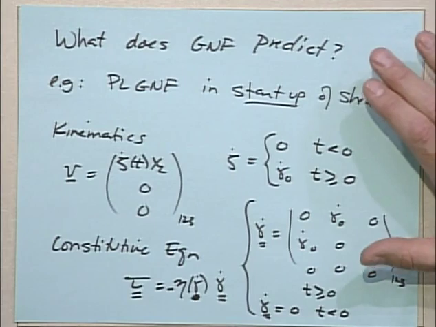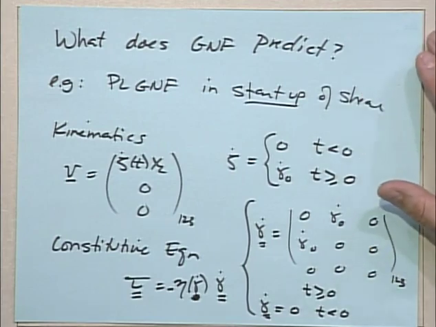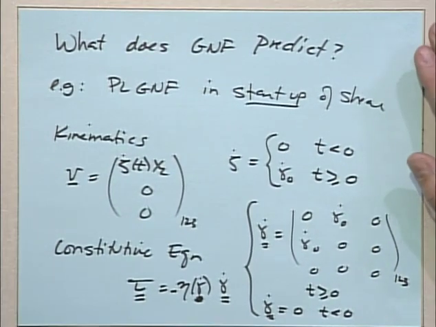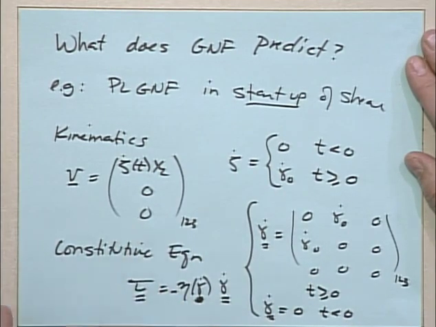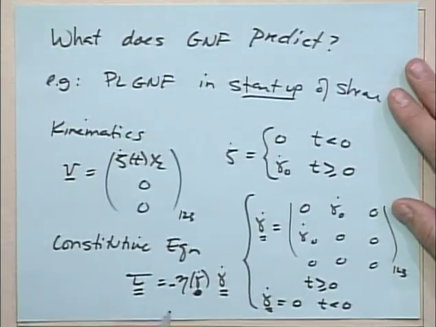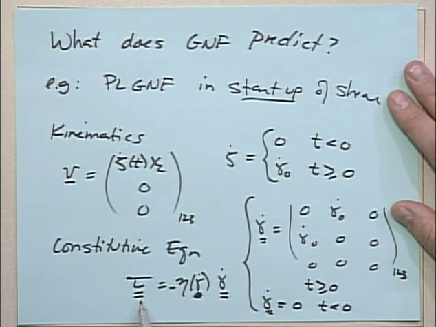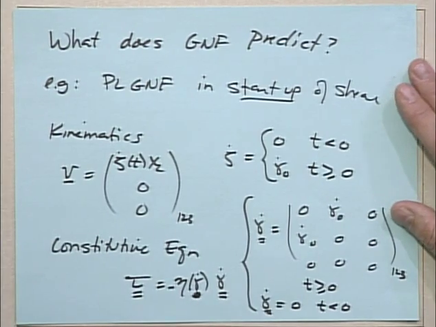So let me flash that up again. We started with the question, how do you make a prediction with such a model? And the answer is the same way we did with Newtonian, with a little bit of extra complication. We start with the kinematics. In order to calculate the constitutive equation from the kinematics, we need the magnitude of the rate of deformation tensor.